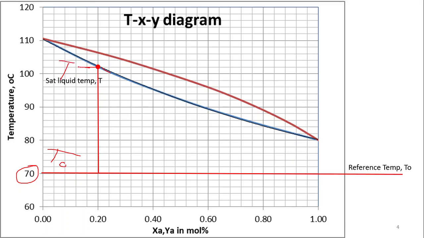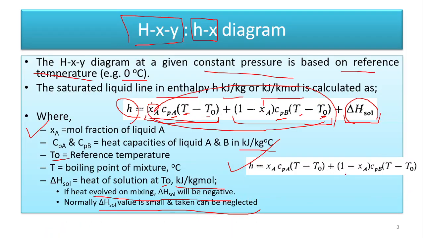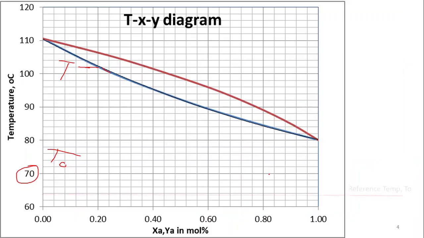T naught is given, T is given, composition X is given. So in the previous equation, only CP A and CP B are required. In this way we can find it.